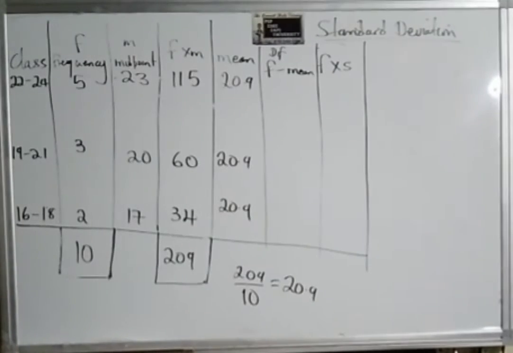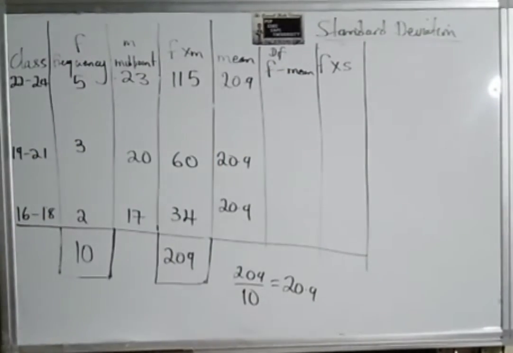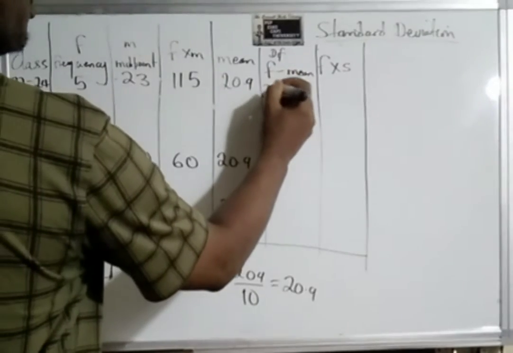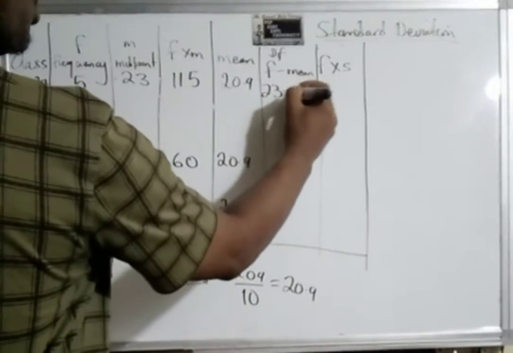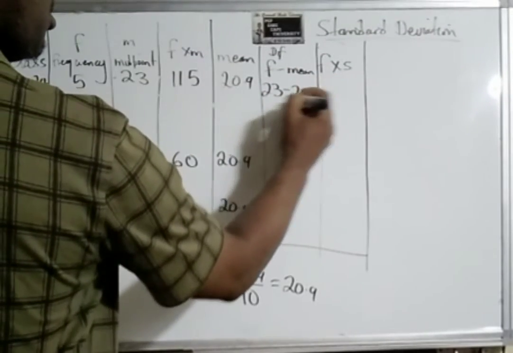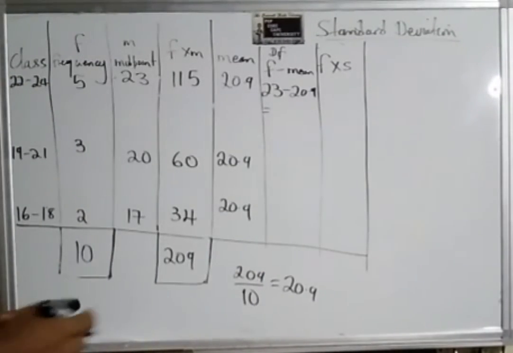Now after that, we need to find the difference between the mean and the midpoint, right? So in order to find that, we're going to subtract the midpoint from the mean. So it will be 20.9. Let's use my calculator for accuracy, and 2.1.